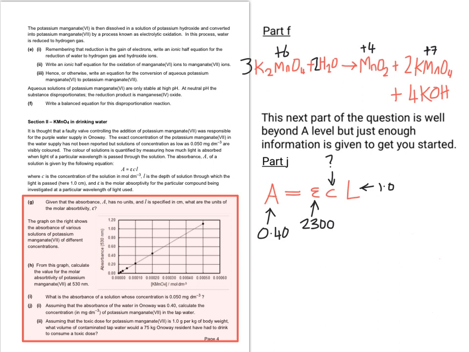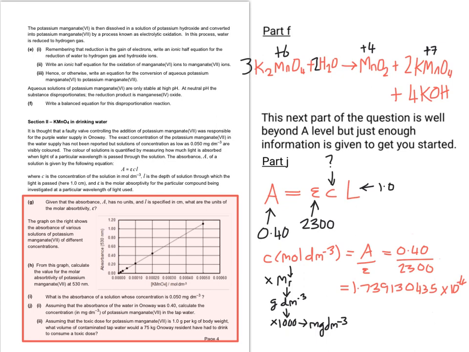So in part J, they want you to work out the concentration, but they give you the value for the absorbance. So what you've got to do is obviously rearrange. So they want the concentration in, let's say, milligrams per decimeter to the minus 3.